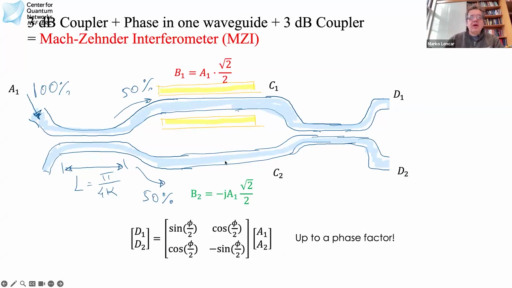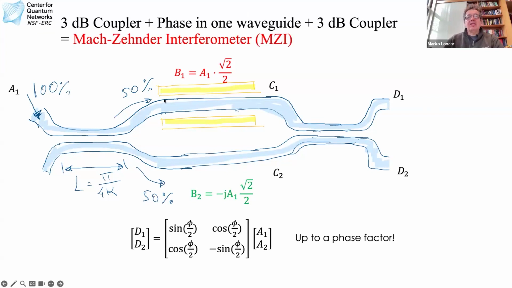So if phi is pi, and if I don't provide any input here, okay, you'll see that most of the light is going to end up being on the top waveguide. Okay, so this thing is called an interferometer. It's called a Mach-Zehnder interferometer, and in addition, it has this tunable component that allows you to tune the phase, which allows you to control where light is going to exit.